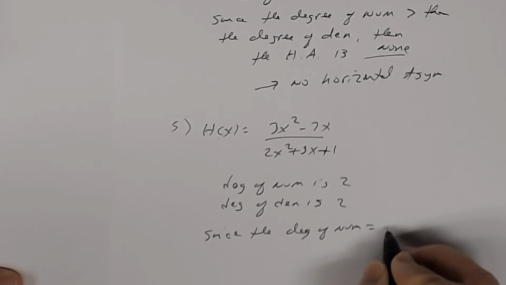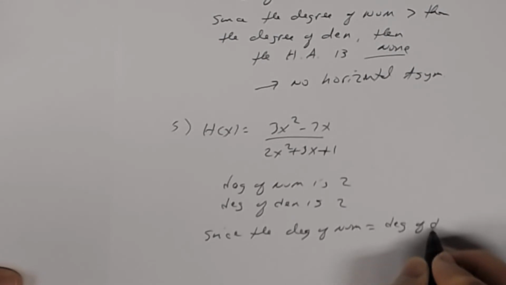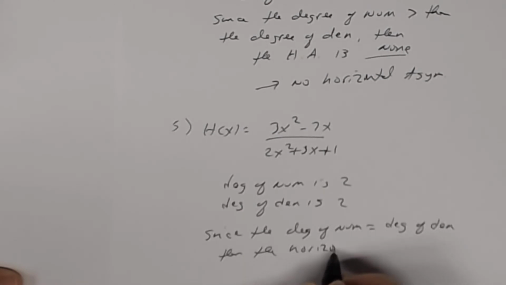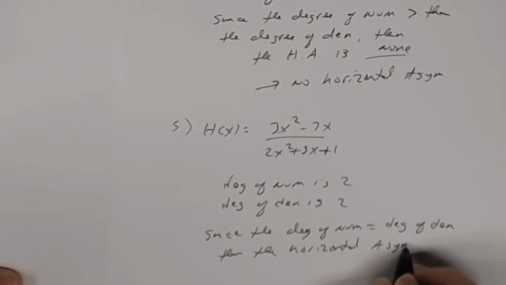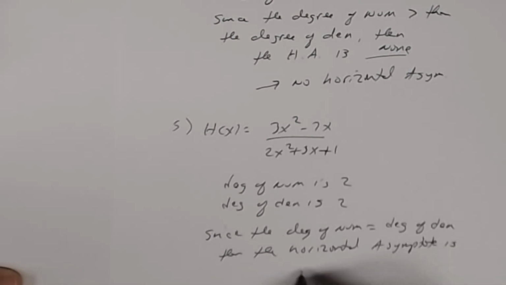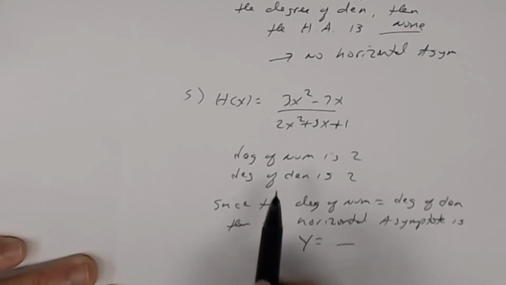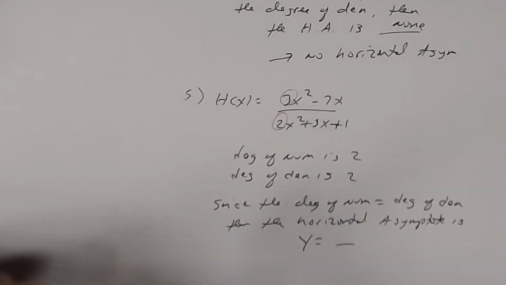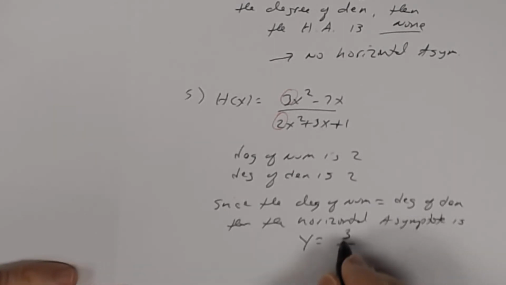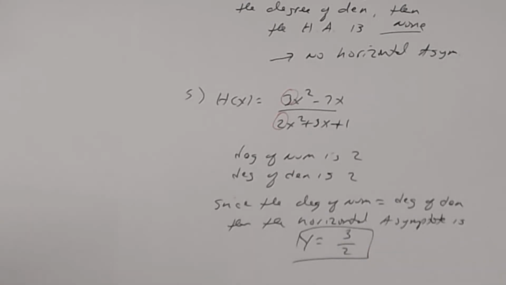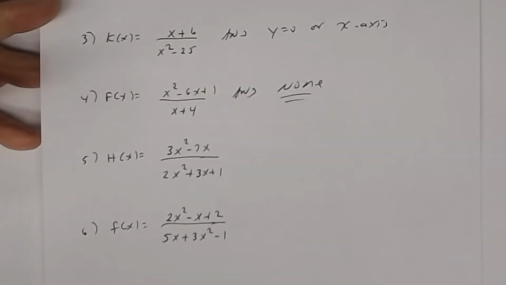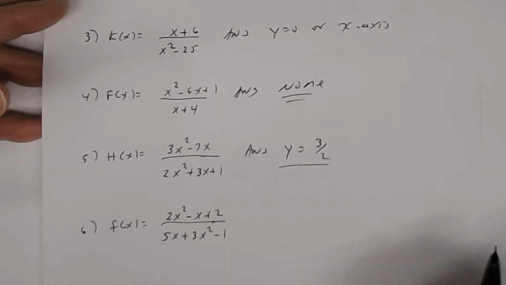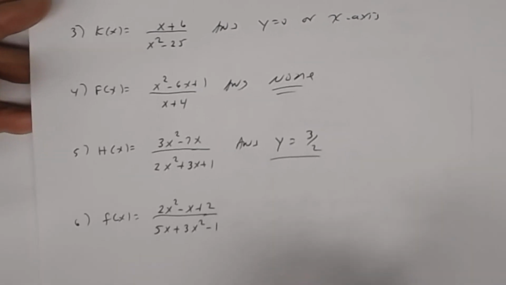Since the degree of the numerator equals the degree of the denominator, then the horizontal asymptote is y equal, and all you do is look at the coefficients of the leading terms. So 3 divided by 2. So for number 5, the answer is y equal 3 divided by 2.